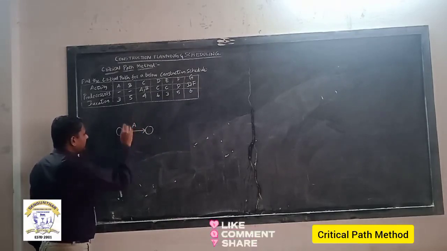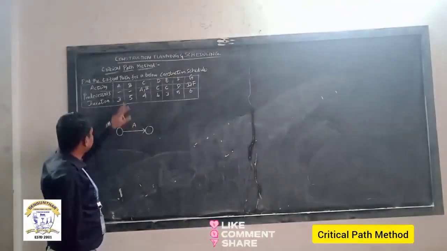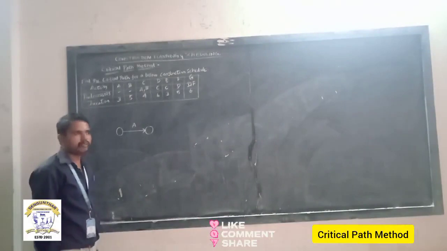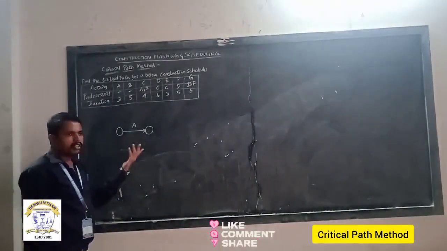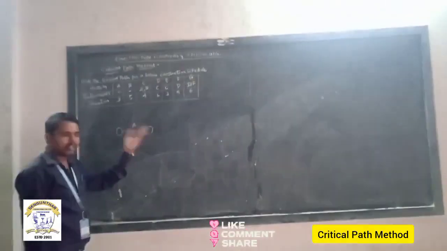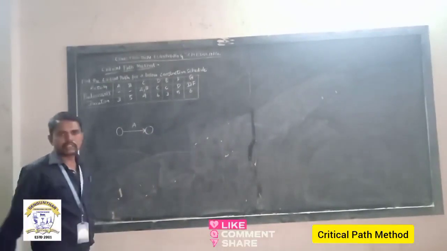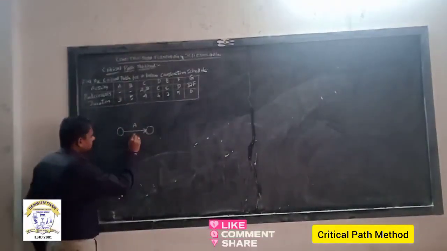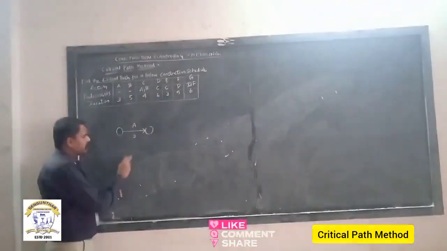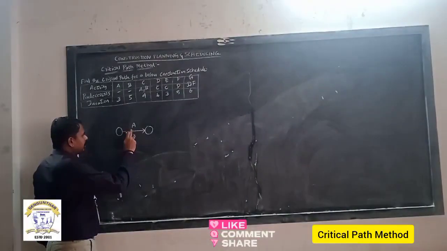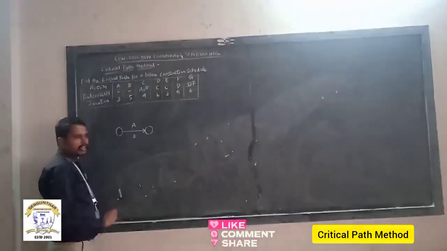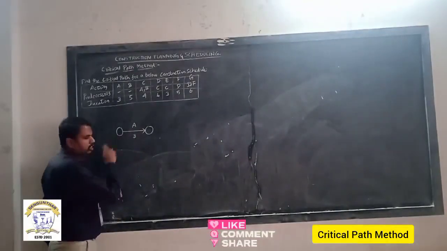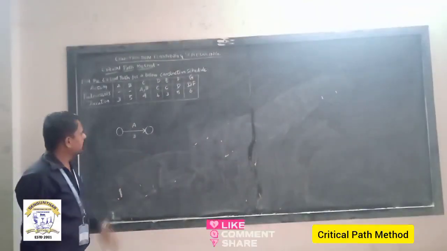For this activity I named it A because A is denoted in the problem. You can name the events also. Its respective duration is 3. The name is mentioned on top of the arrow, and the duration is mentioned at the bottom.